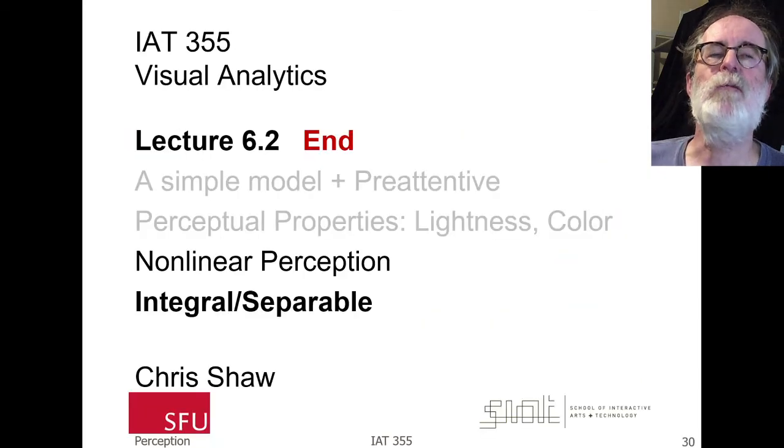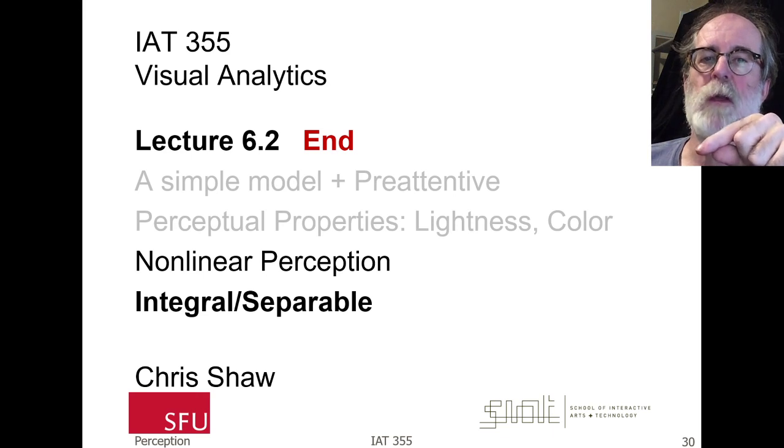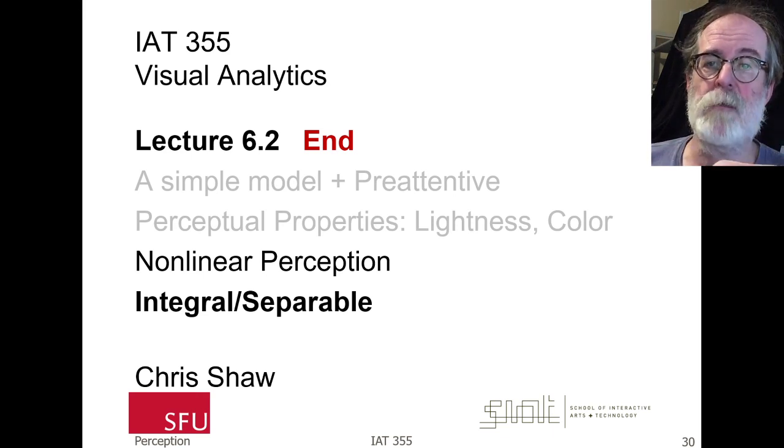Okay, that's it for integral versus separable. And so once again, our goal is to use numbers to drive visual variables in the visualization in such a way that when the user looks at that visualization, they are able to come up with the numbers that you used to depict things.